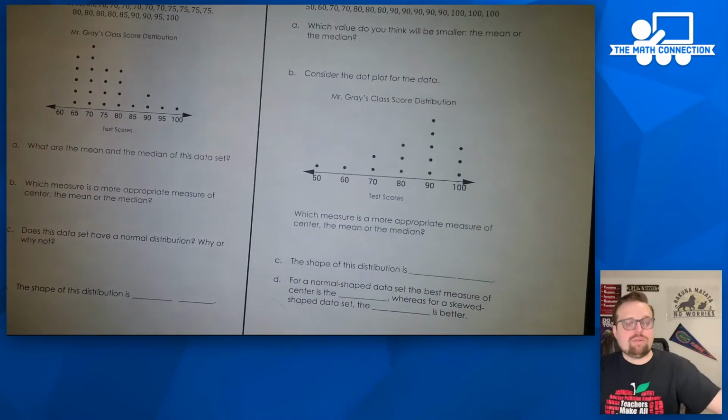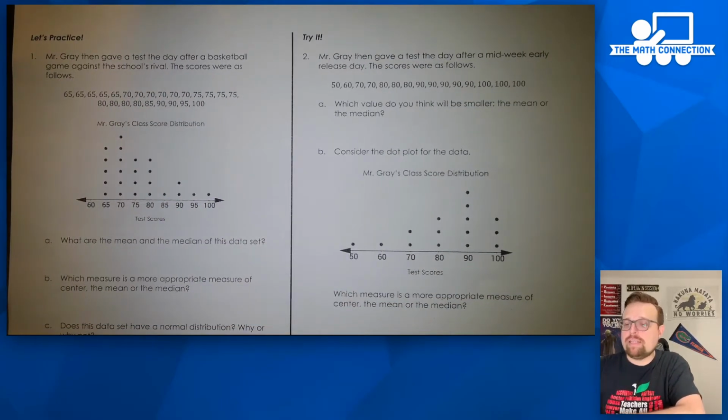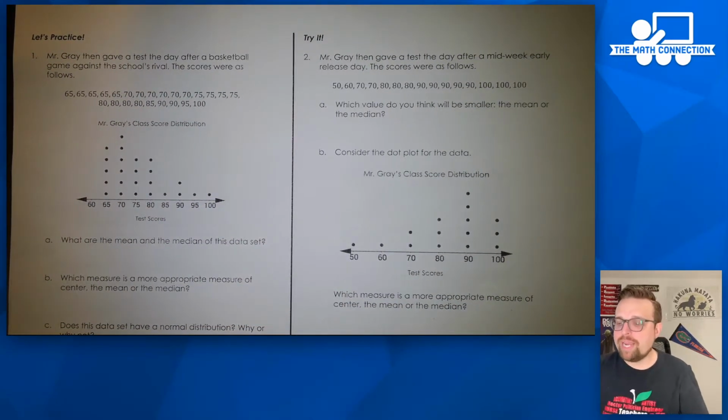This note set today is only 2 pages. And if I turn the page, the next thing I see is a let's practice problem. It's Mr. Gray again, and it's a similar type of problem. He gave a test the day after a basketball game against the school's rival, and the scores were as follows.